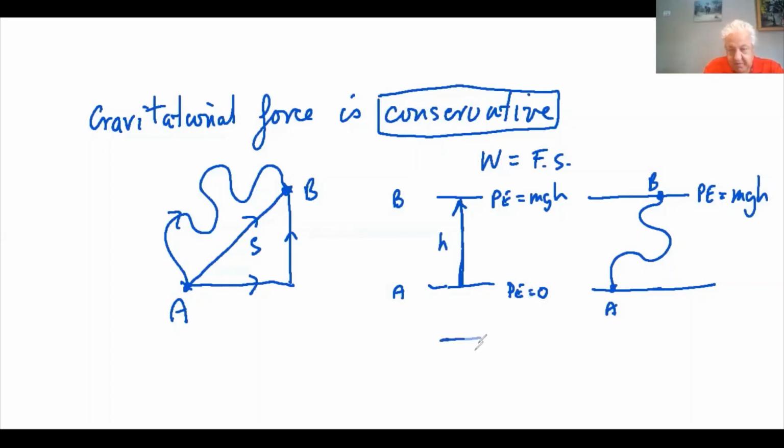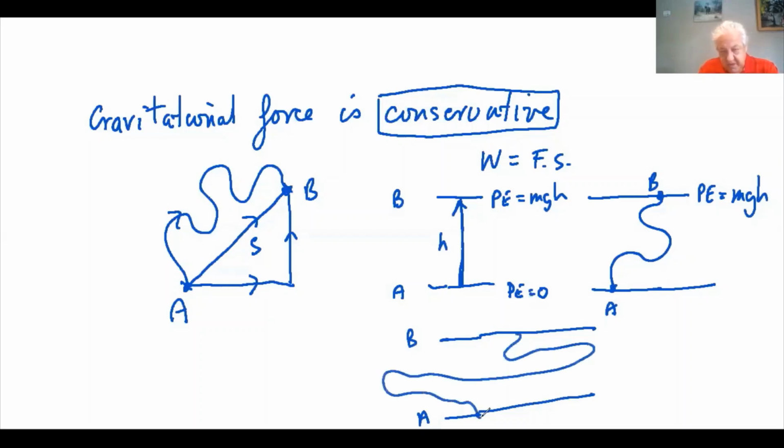Let me do one more. A, B. The same heights rather than the same points. A line is not very good. But again, I can take any path I want. And my potential energy will be mgh. Okay.